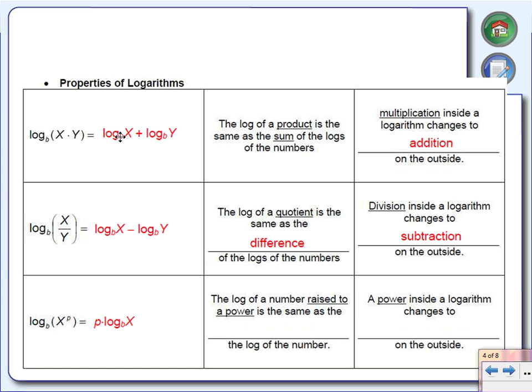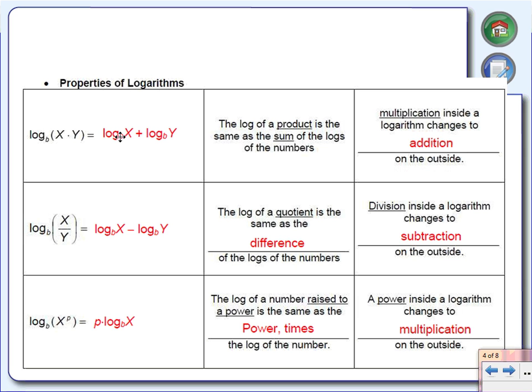So over here it says log of a number raised to a power is the same as the power times the log of the number. A power inside a logarithm changes to multiplication on the outside. That exponent now becomes multiplication. That's what we just saw in the last few examples that we saw.